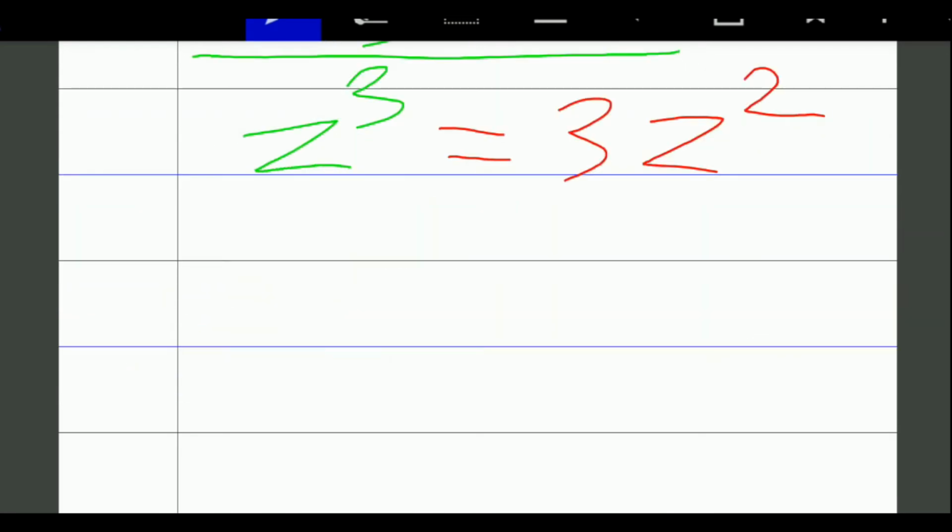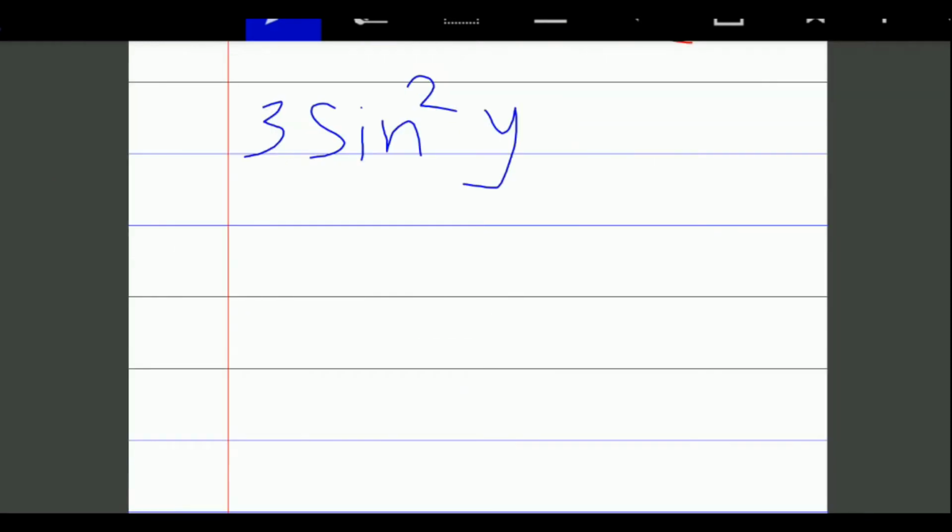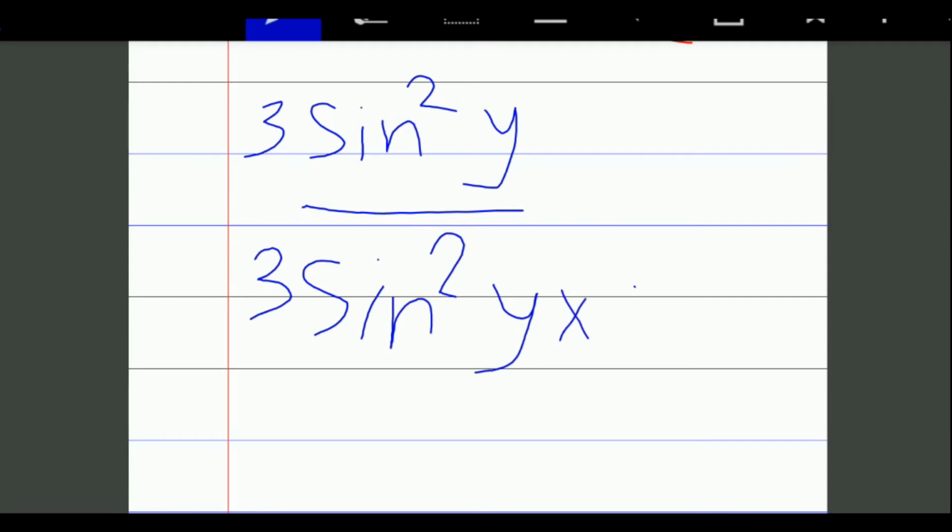Now putting the value of z, that will become 3 sin square y. Now deriving sin y, it becomes 3 sin square y into cos y.